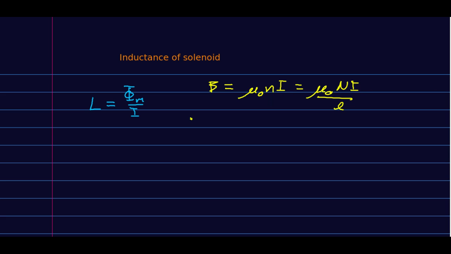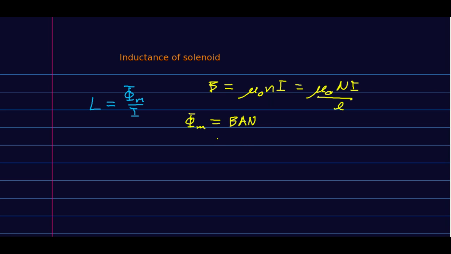And so the flux, since that B field is uniform, it would just be B times A, except, remember, that field goes through N loops of the solenoid. And so you have to multiply that by the N loops that B field goes through.